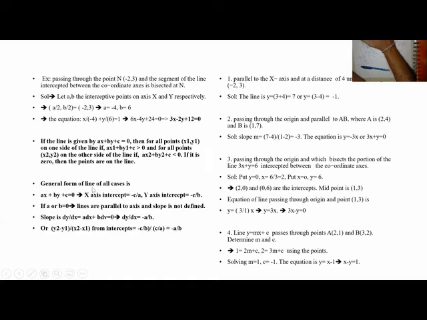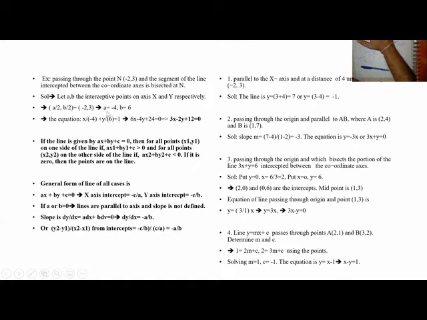So now the general form of all cases is ax plus by plus c is 0. These constitute y minus y1 is equal to m into x minus x1, y is mx plus c, or x by a plus y by b is 1. All forms will convert to ax plus by plus c, the general form of a line, where the x-intercept, when I put y as 0, is minus c by a, and the y-intercept is minus c by b.